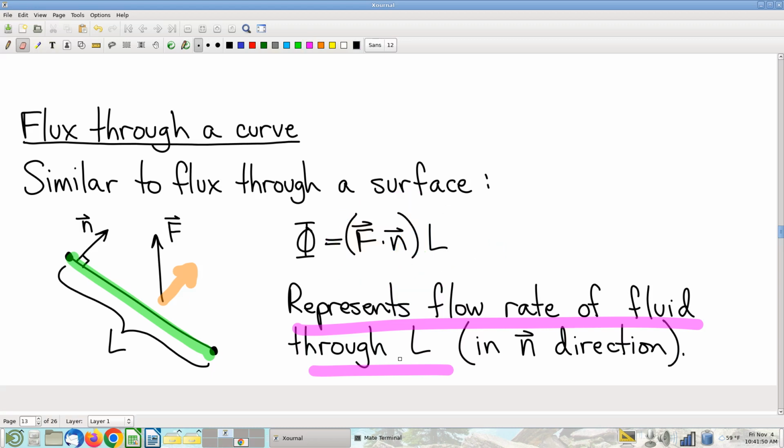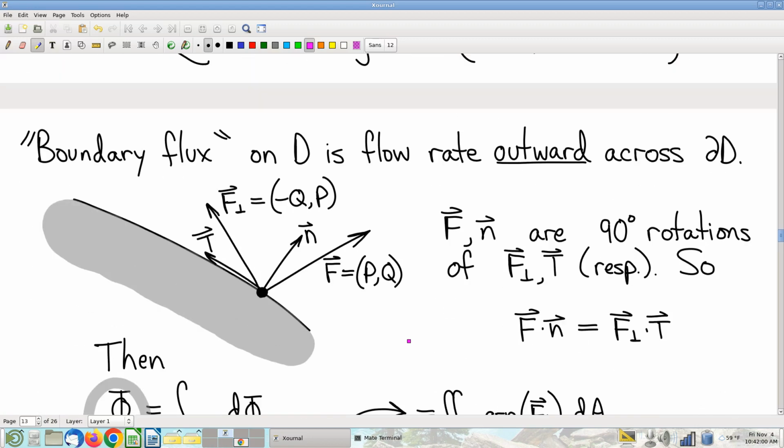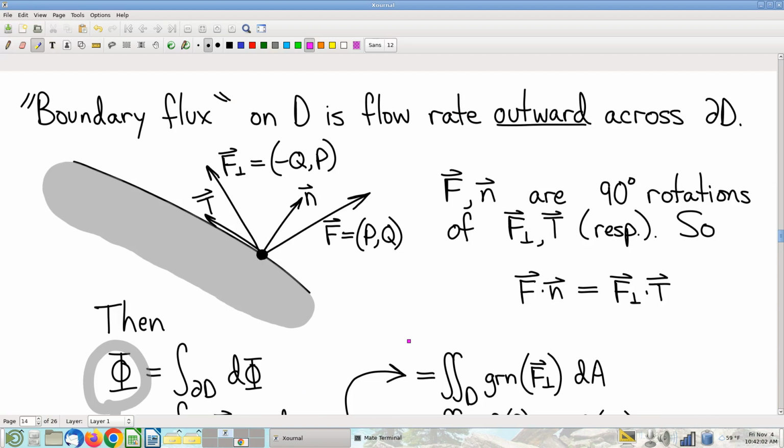So I'm going to show you how you can compute this over a non-straight curve with a non-constant vector field. And here's our picture of our setup. We have some region here, again, just looking at part of the region. Here's the boundary curve of that region. Keep in mind, boundary curves, of course, are oriented so that the region is on your left, right?